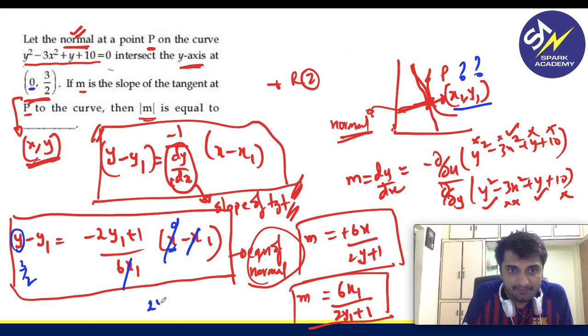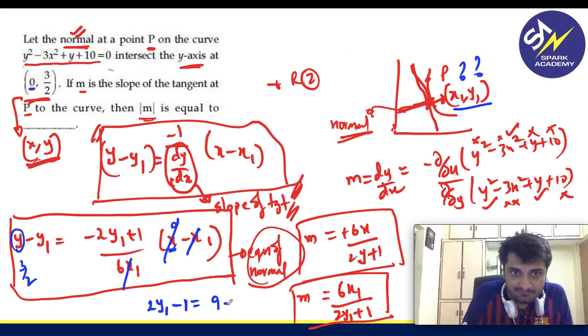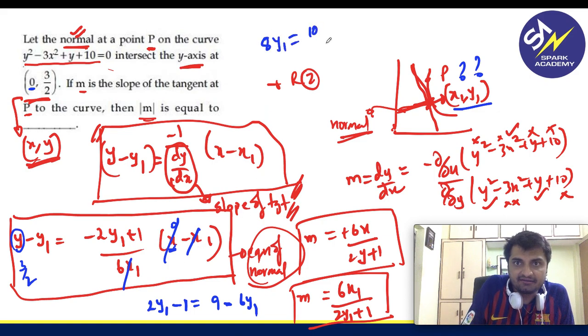Minus of minus will be plus. So 2y1 plus 1 equal to what? 3 by 2 into 6 will be 9, minus 6y1. Basically 8y1 you are getting as 10, so y1 is some 10 by 8.